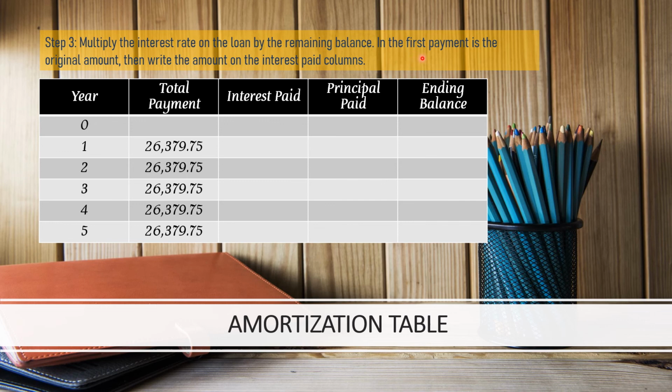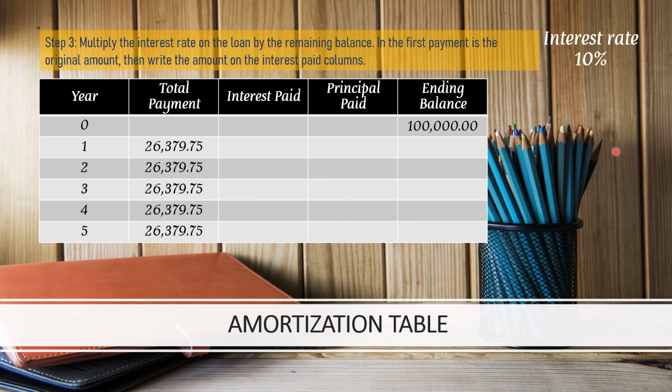In the first payment is the original amount. So the ending balance on the first row is 100,000. It refers to the total amount that you borrowed. Ito yung inutang mo or na-loan mong amount na pera, 100,000 pesos.